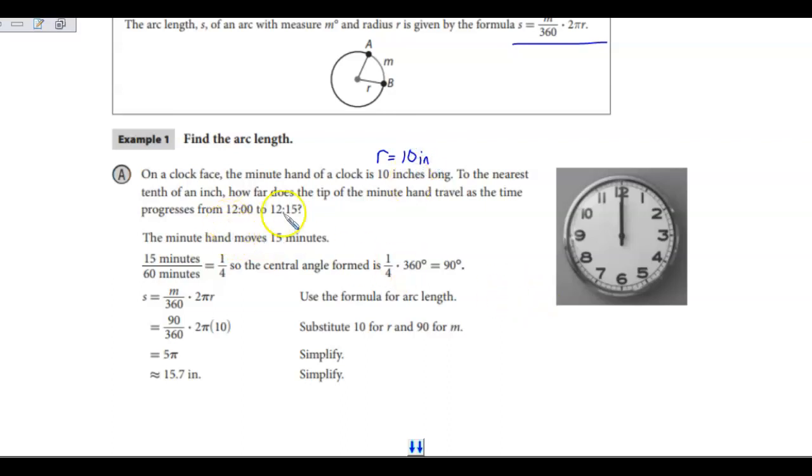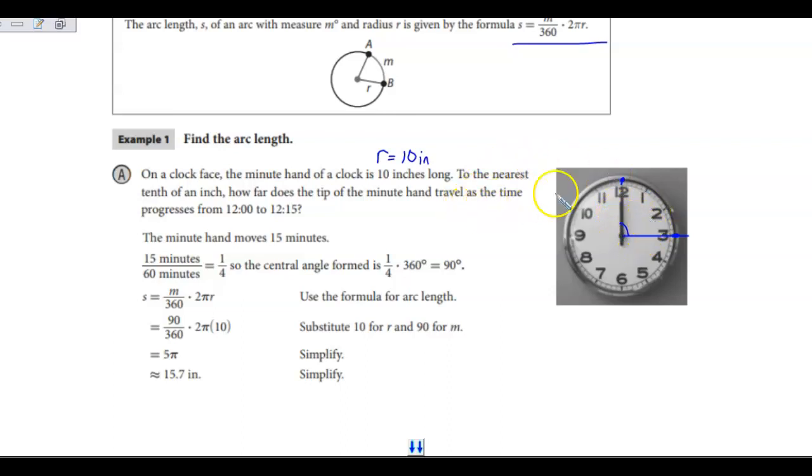And they're wanting to know how far the tip of the minute hand travels as it goes from 12 o'clock to 12:15. So we're starting here at 12 o'clock, and we're going to end here at 12:15. So let's go ahead and draw a line there so that we can see our arc. We need to know the measure of the degree of this vertex.